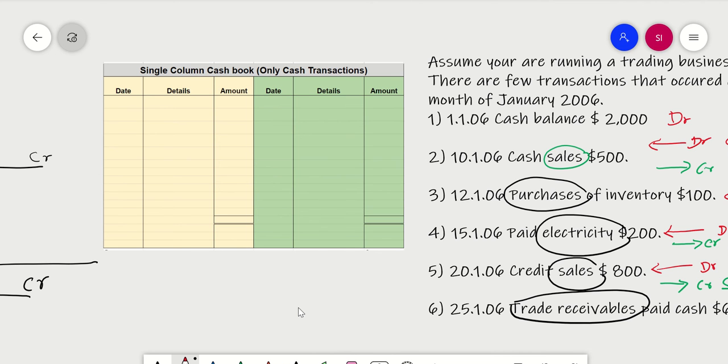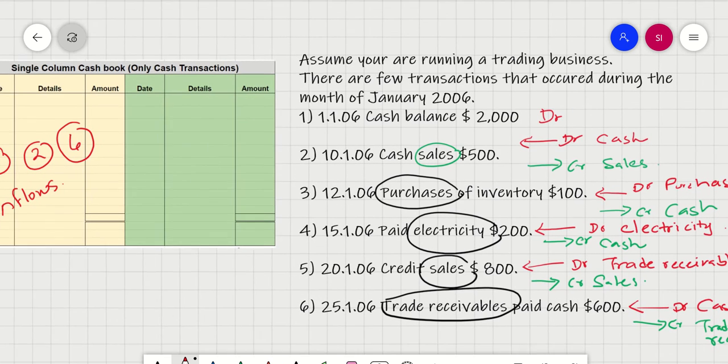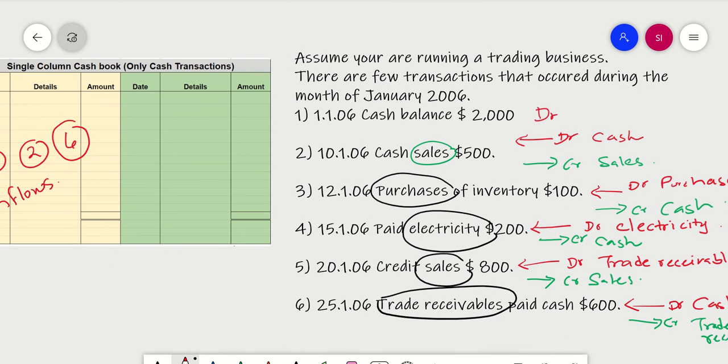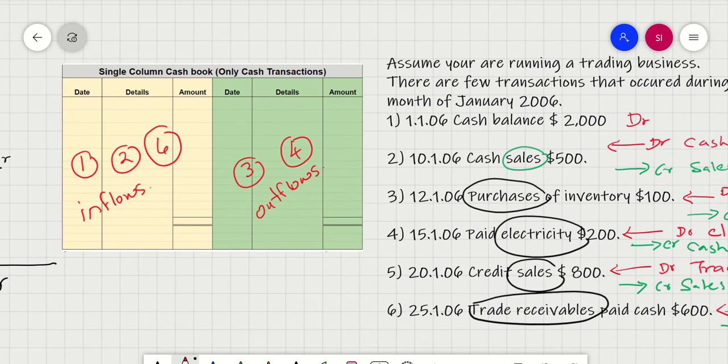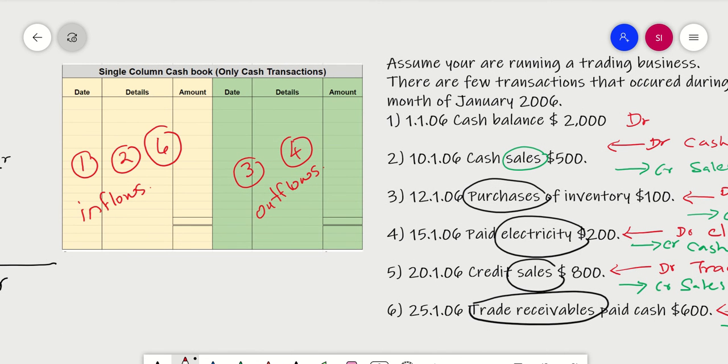So transaction number 1, transaction number 2 and transaction number 6, these are all cash inflows. And when you compare the rest, transaction number 3 and transaction number 4 are all cash outflows. So if you know to classify this, you will be able to complete your single column cash book easily.